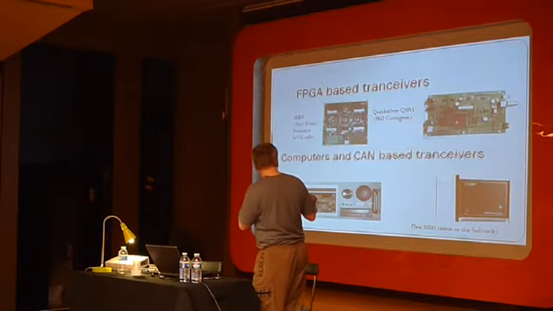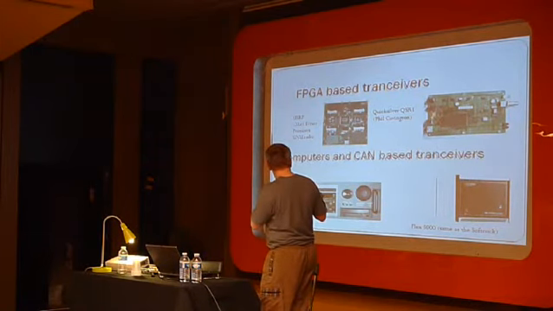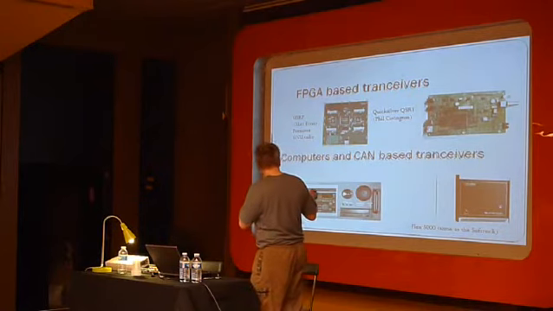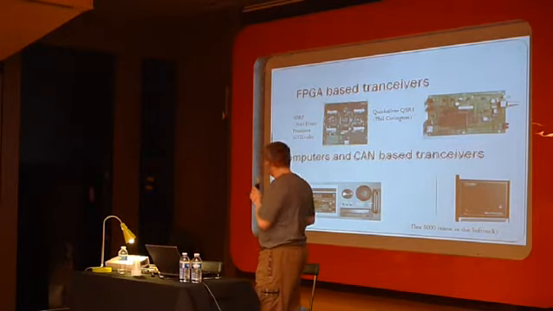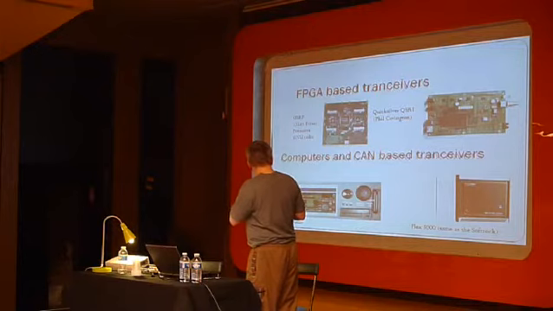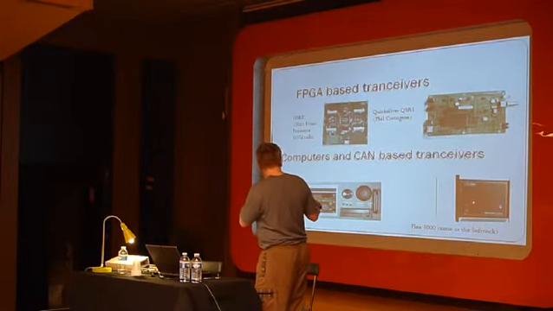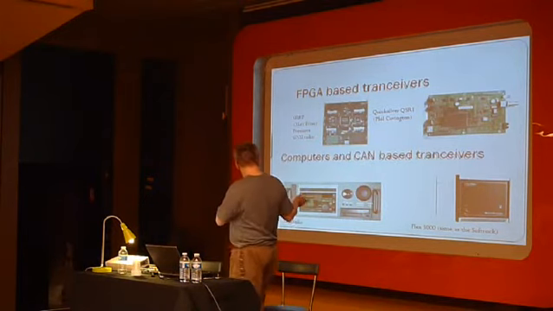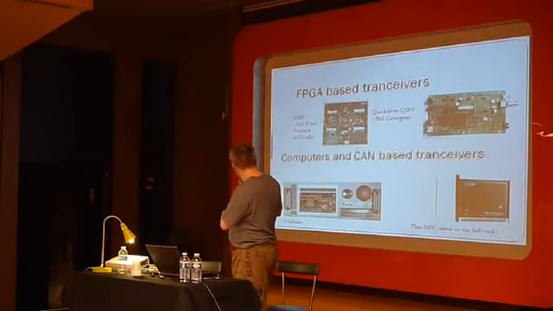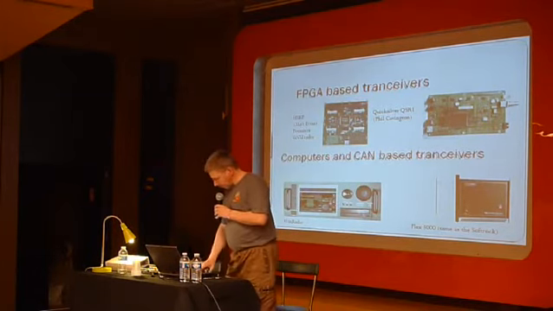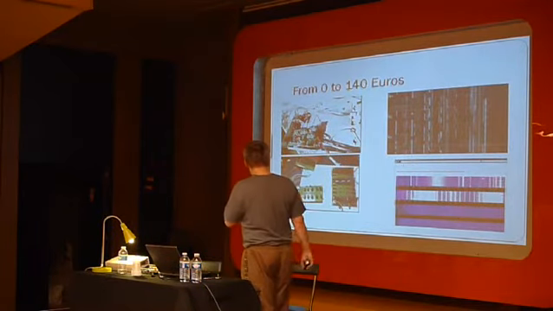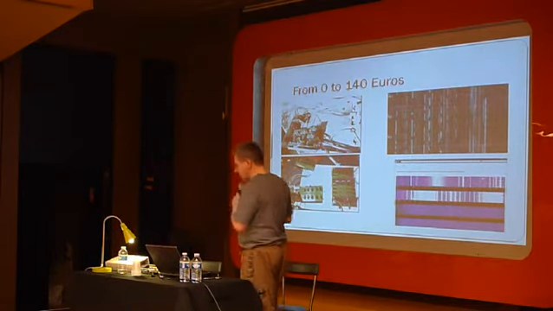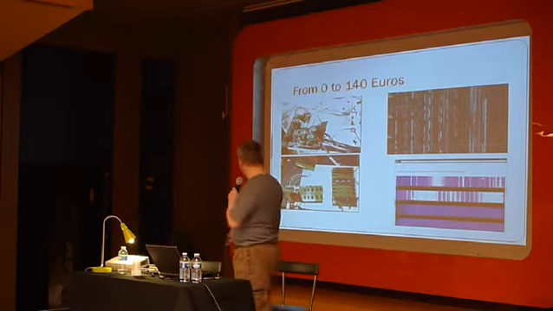This one is a direct system able to cover from 0 to 1 gig without a converter. Those two are commercial systems, and this one is based on the former schematic diagram you've seen. That means the technology of this one is very simple. It's completely computer-based, and this one is CAN-based. And those are the different systems you can see there and here.